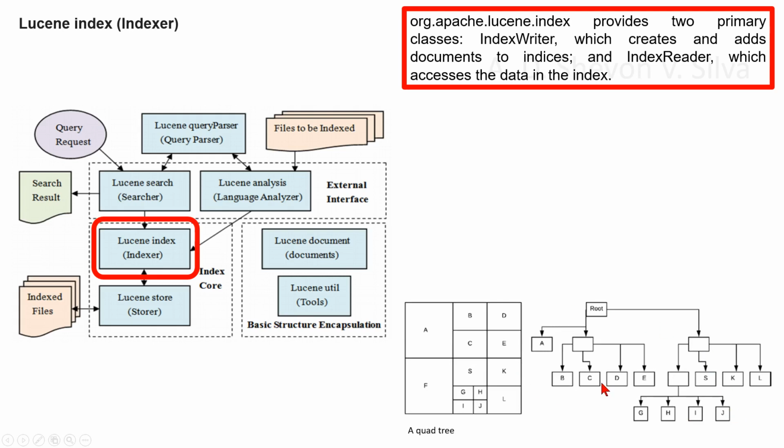Here you can see a quad tree. A quad tree is a spatial data structure where each node has exactly 4 children. A quad tree splits a spatial dimension into 4 each time a new level is added to the tree.